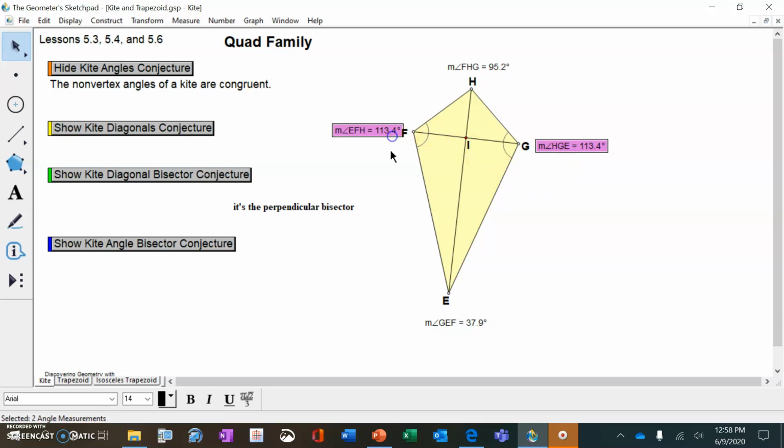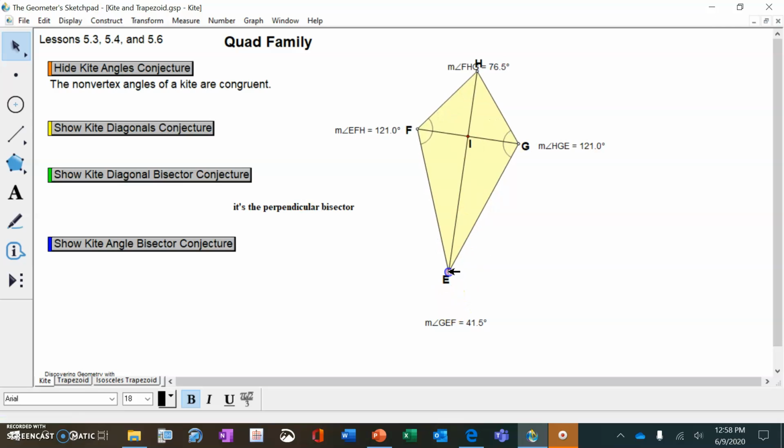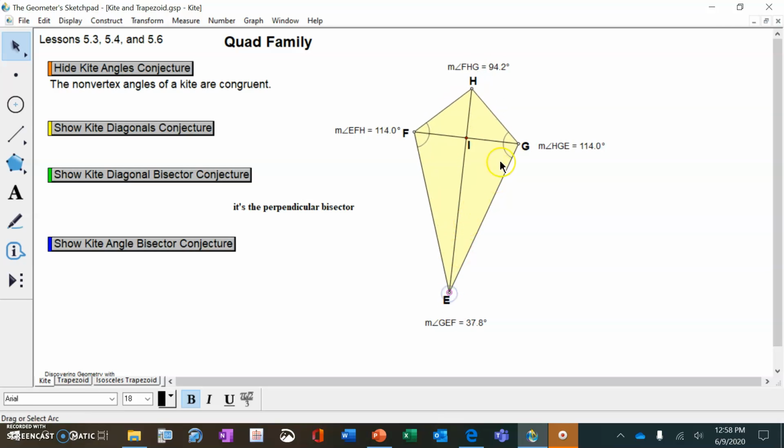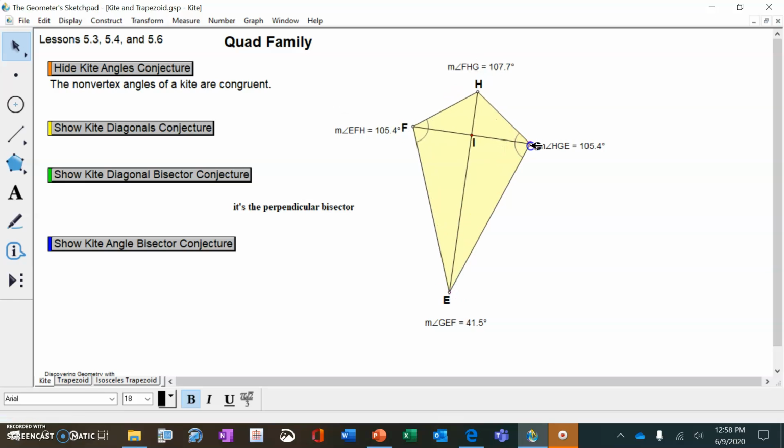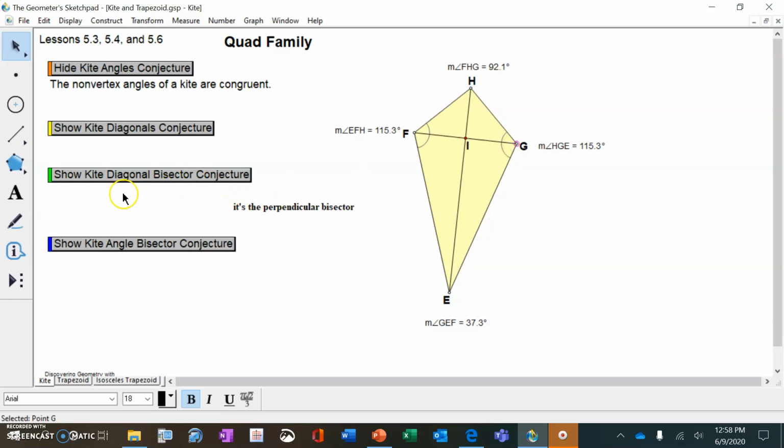So those are the non-vertex angles of a kite. And conjecture number 34 says the non-vertex angles of a kite are congruent. Now, if I move this, they still stay congruent. If I move this, the non-vertex angles still stay congruent. So anything that I move, the non-vertex angles are always the same.